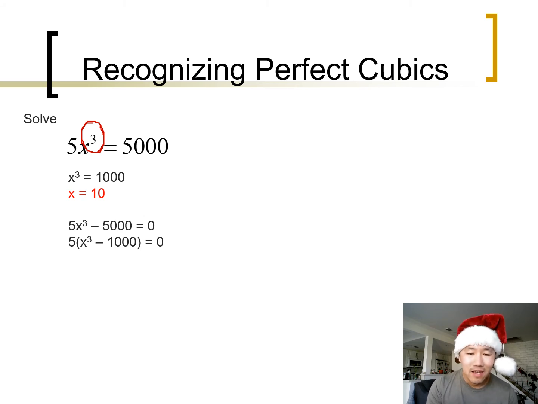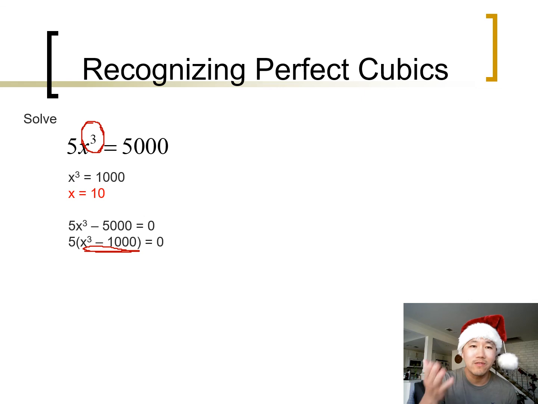And then, hopefully, you recognize that x to the third minus 1,000 is a perfect cube, where the x cubed is a perfect cube and the 1,000 is a perfect cube.